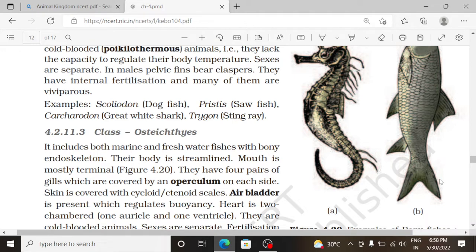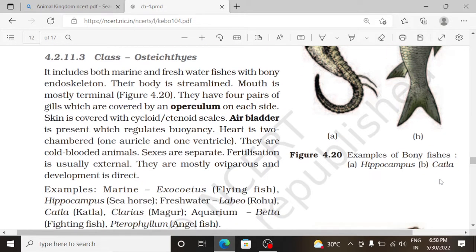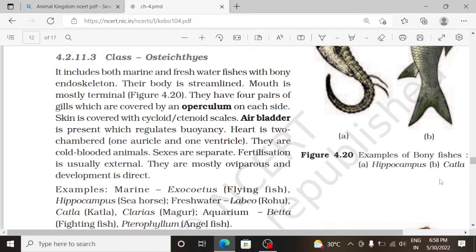Class Osteichthyes. It includes both marine and freshwater fishes with bony endoskeleton. Their body is streamlined, mouth is mostly terminal. They have 4 pairs of gills which are covered by an operculum on each side. Skin is covered with cycloid or ctenoid scales.